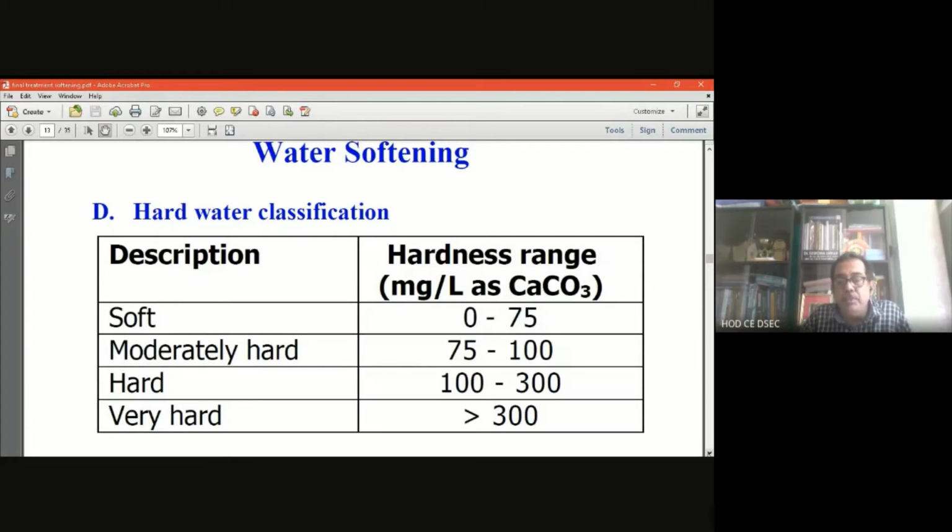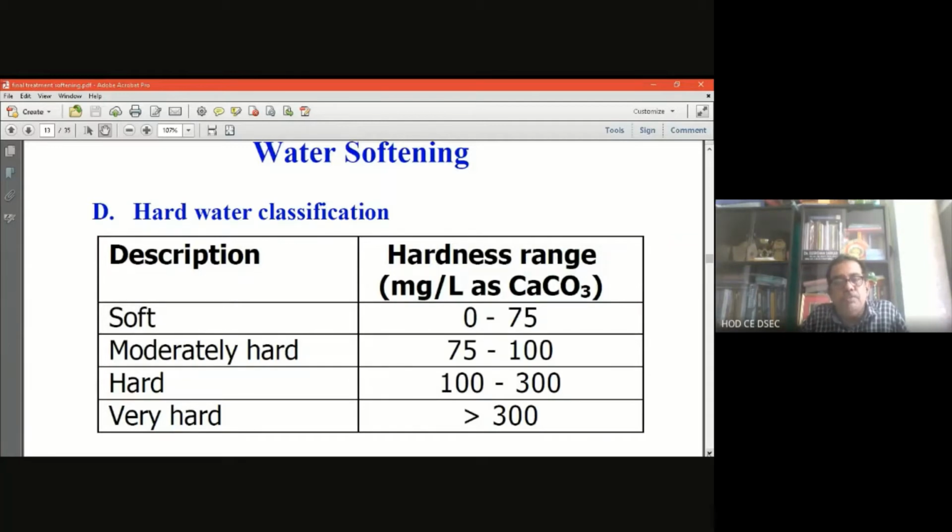If it is between 100 and 300, then we call it hard water, and more than that, we call it very hard. The hardness of water is determined by volumetric titration, using the EDTA solution as the titrant and Eriochrome Black T as the indicator, in the laboratory experiment, and the value is found.